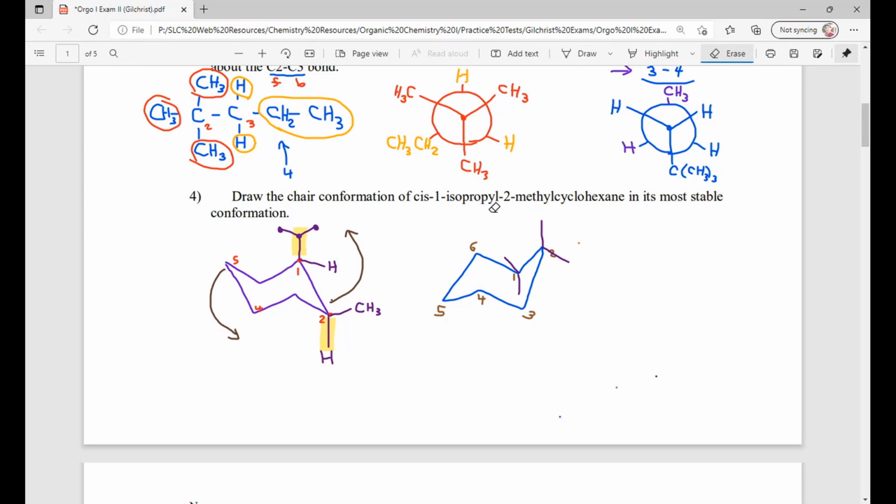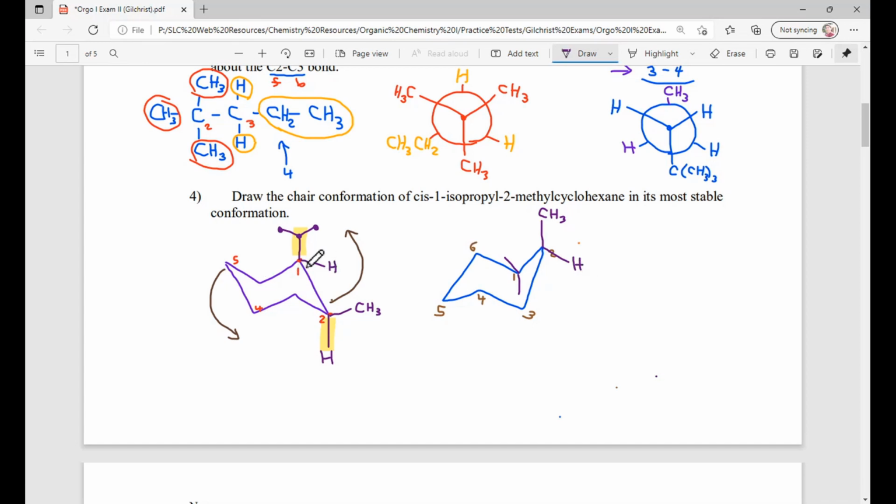Well, it turns out that the relative up or down of this position hasn't changed. When you bend this up, the CH3 on carbon number 2 is still in the up position relative to the hydrogen. So that means the CH3 is now up here, and the hydrogen is sticking out this way.